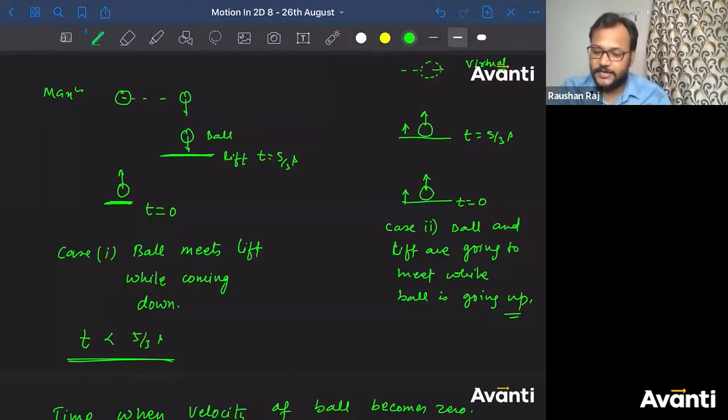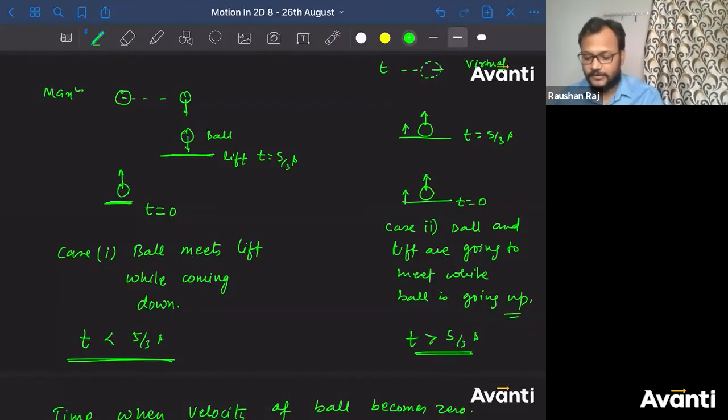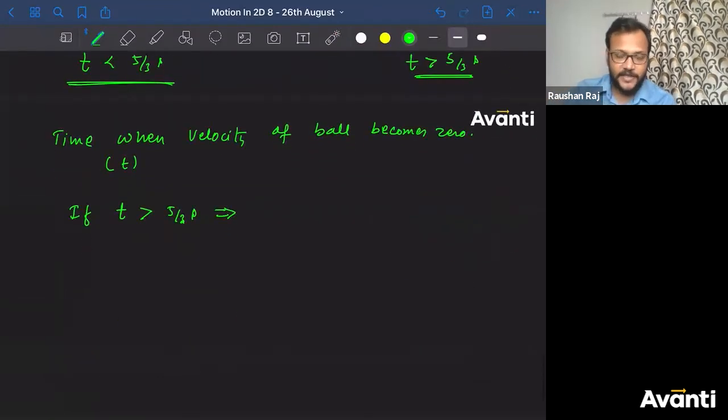So this is the time when the ball would have come to 0 position. So in this case, I'll say t is greater than 5 by 3 seconds. So if t is greater than 5 by 3 seconds, I'll talk about case 2. If t is less than 5 by 3 seconds, I'll talk about case 1.